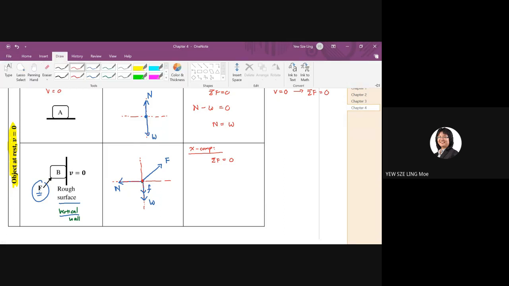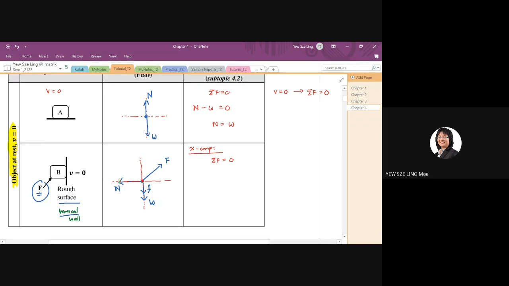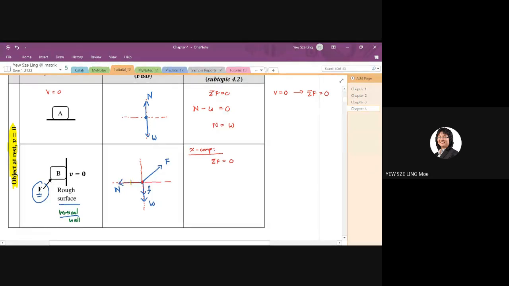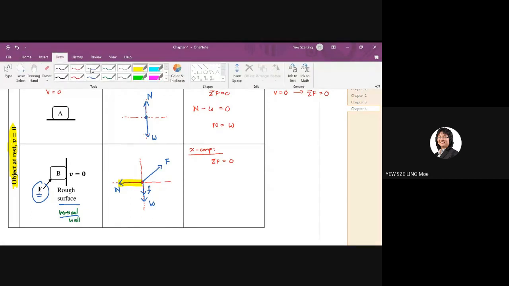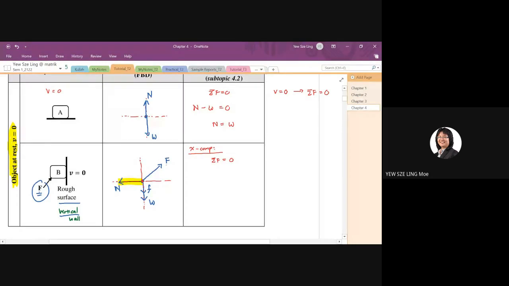Why 2? If you look at the diagram, the first one is the normal force. The normal force lies on the x component, therefore we don't have to resolve it. The second force is F. This F lies in between the x and y components.